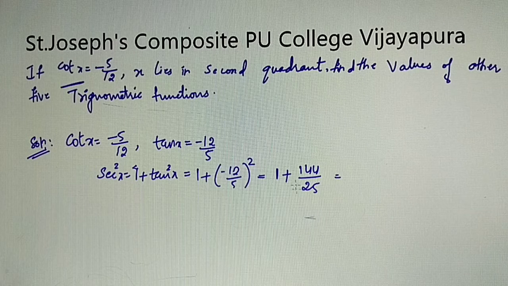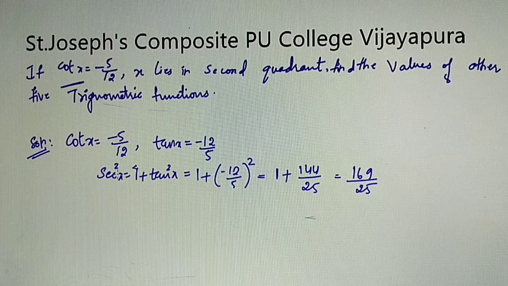Here the LCM we get as 25, so 25 plus 144 we get 169 divided by 25. This is the value of sec square x, but I want the value of sec x.